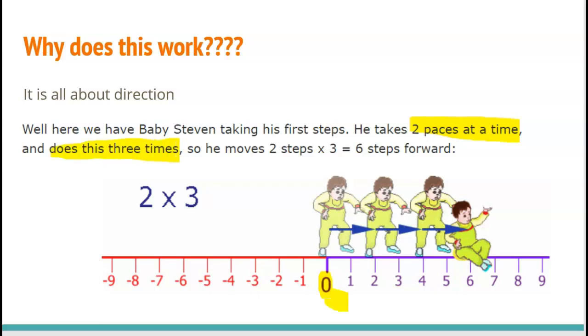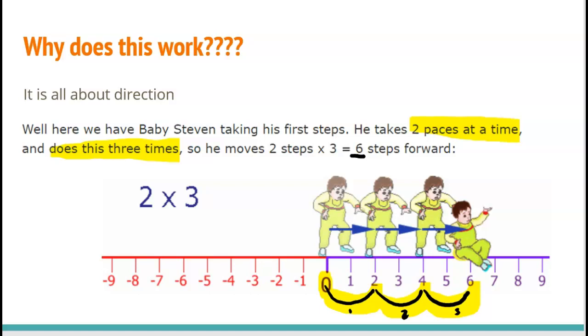He's going to jump from 2 to 4 and then to 6. That's the first jump, second jump, and third jump. Each time he took 2 paces, and he walked all together 6 steps forward, and then he fell down because he's a baby.